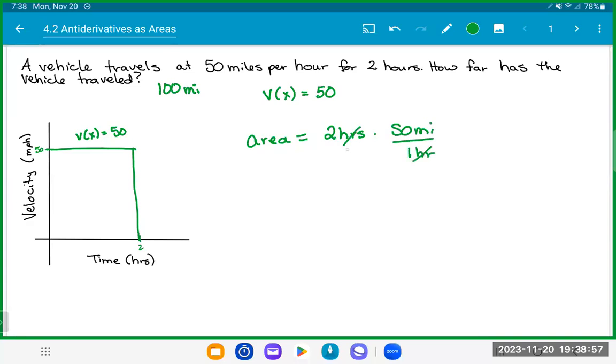The hours cancel and we end up with 100 miles. So this area here is the distance that the vehicle has traveled. It is 2 times 50, which is 100, right? So you've traveled 100 miles. Okay, question? So that's a very basic example.